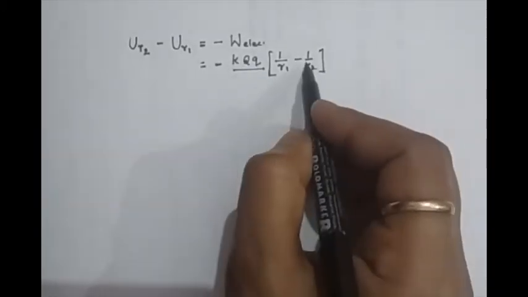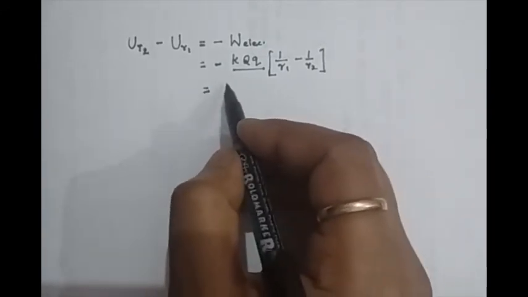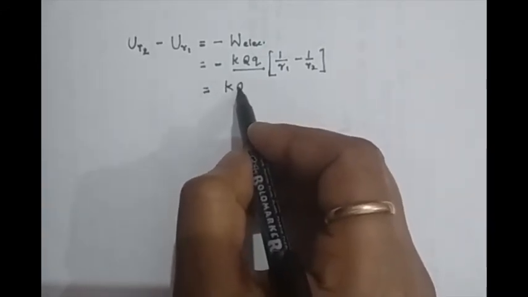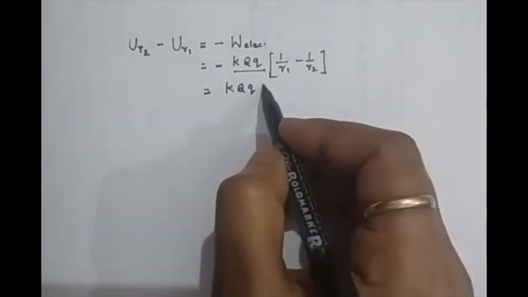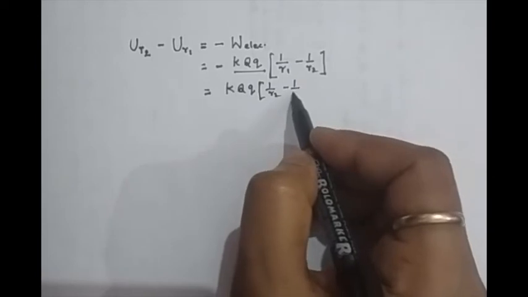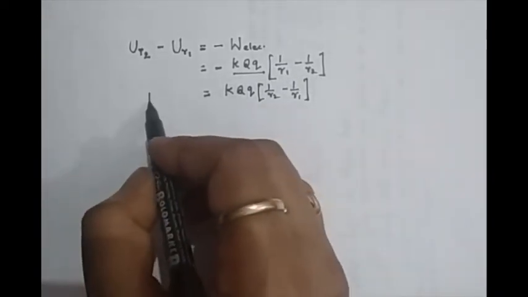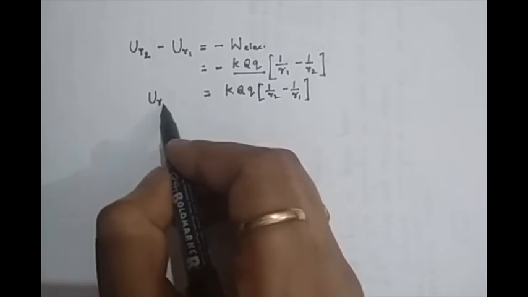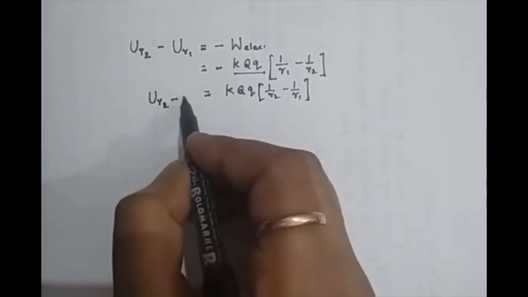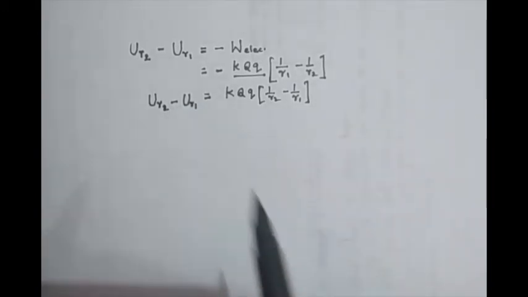The minus sign multiplies and we get K Q q times 1 by r2 minus 1 by r1. This is the expression for change in electric potential energy.